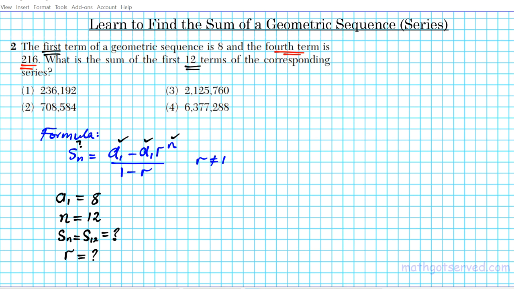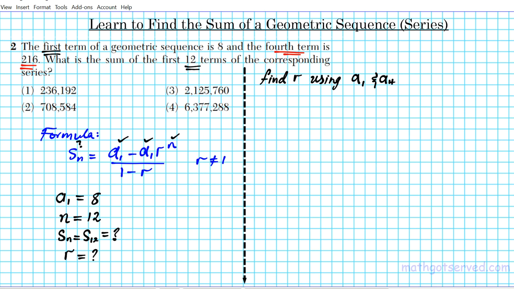All right, so we have a scenario where we have a problem within a problem, so we have to take a detour. What is the problem within this problem? Well, we need to find the common ratio r using a1 and a4, and the nth term formula.